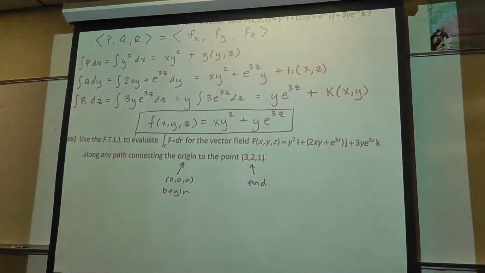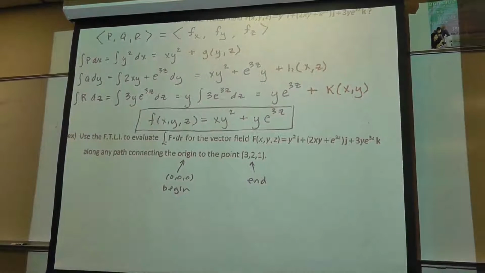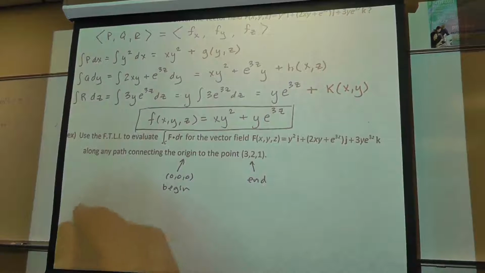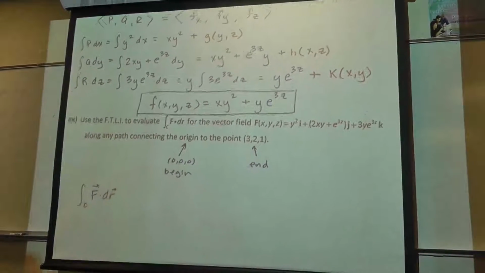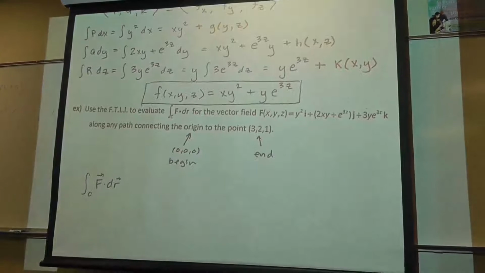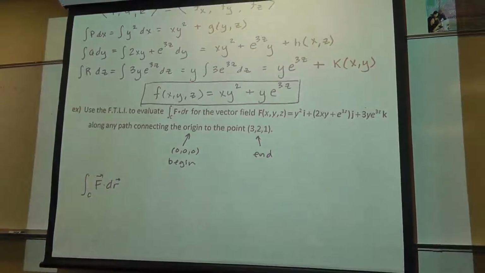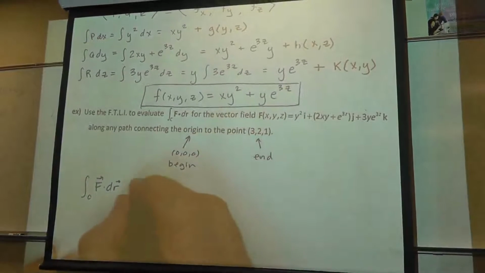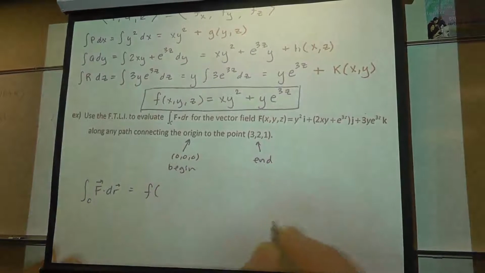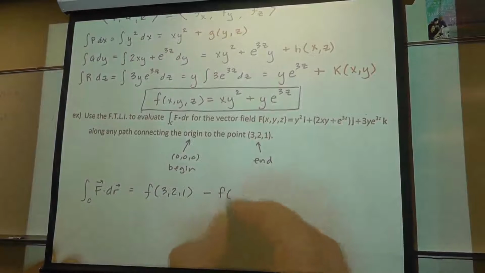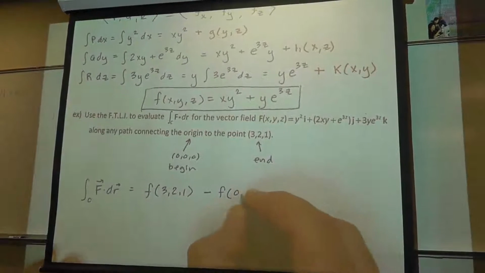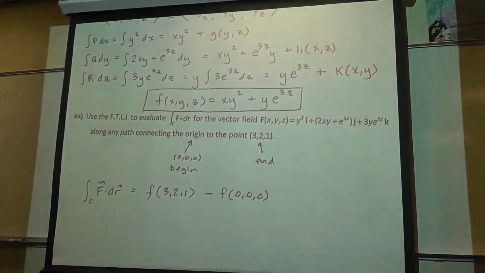Since this is a conservative vector field, the fundamental theorem of line integrals applies. So instead of coming up with a parametric equation, doing the substitutions, building the dot product and things like that, you just need to do the scalar function evaluated at (3, 2, 1) minus my potential function evaluated at the origin. That's it.